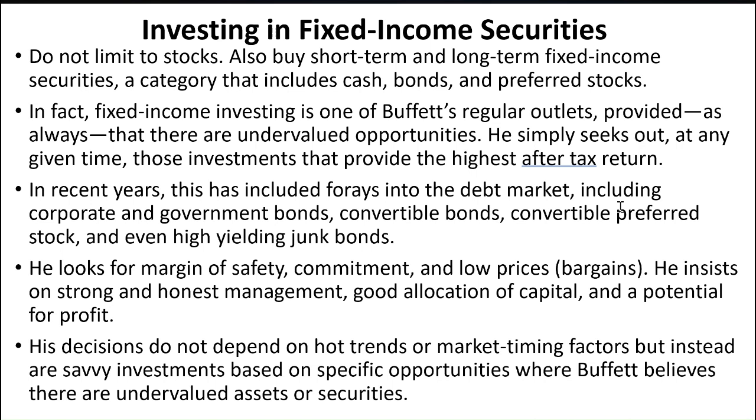They are converted into common stock at a particular predetermined rate and only after expiry of a particular period. So it gives the owner of preferred stock a right to purchase the common stock and take the so-called control in that particular company. So this is in a nutshell about the various kinds of fixed securities.